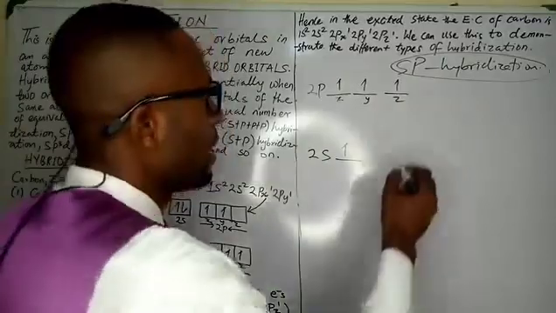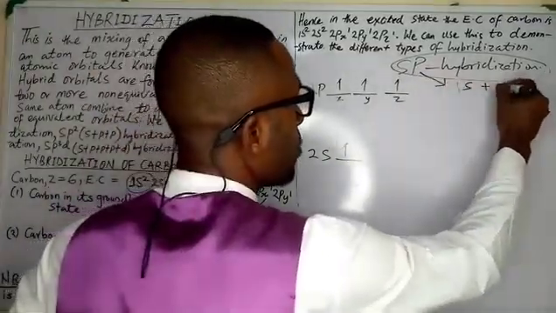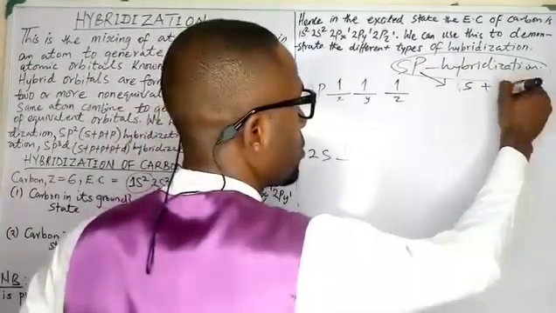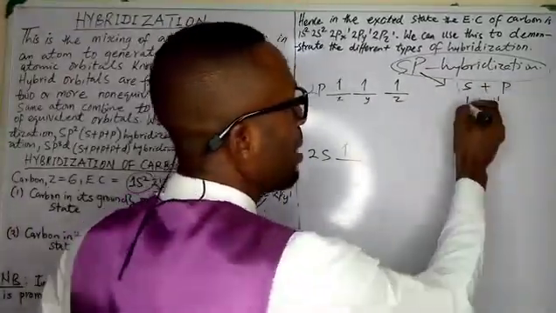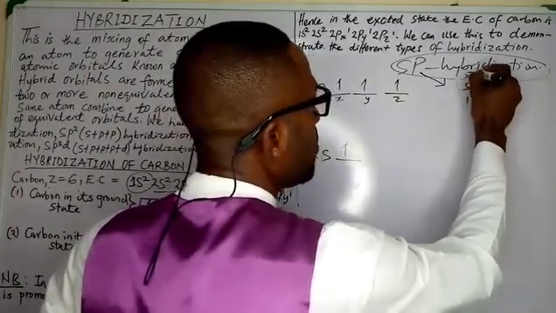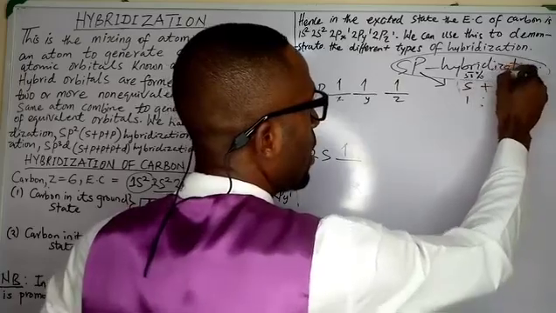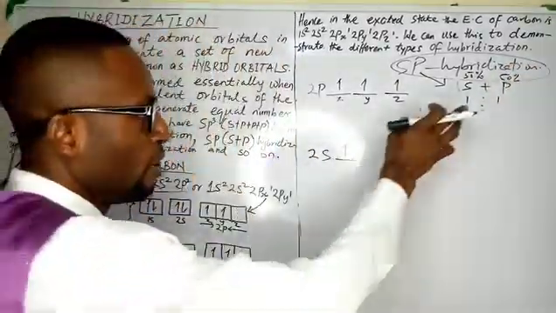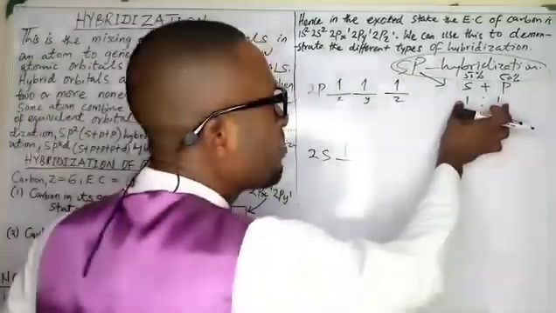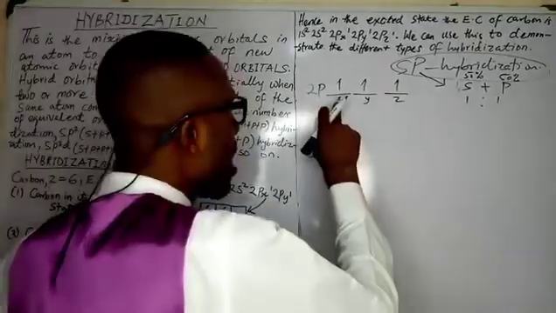Now this time, sp means we have an s orbital combining with a p orbital. So you see it is 1:1. That means it has 50% s character and 50% p character. So we are going to make two sp hybrid orbitals. Why? Because we are using one from here, one from here.